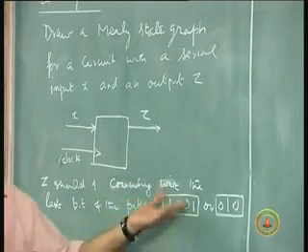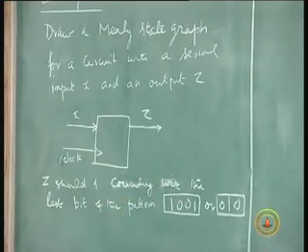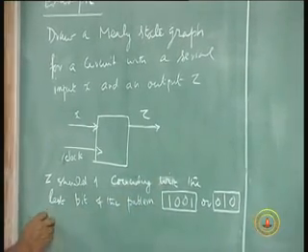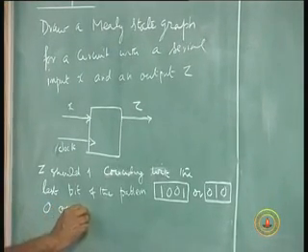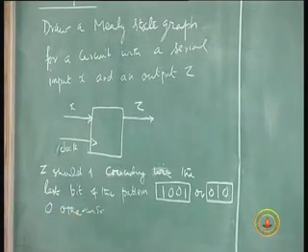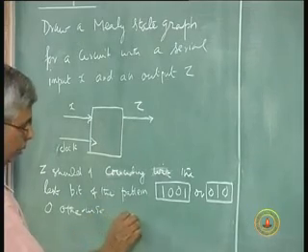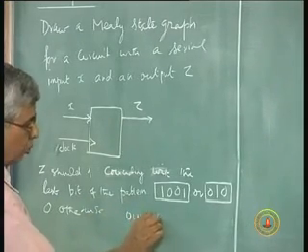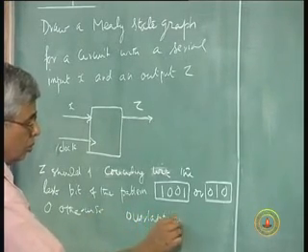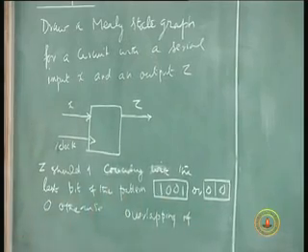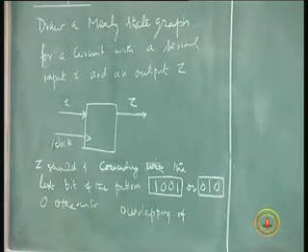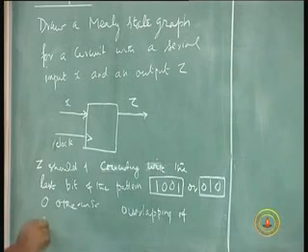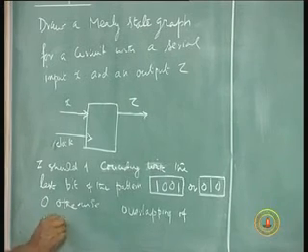The rest of the time the output is 0. So we will also assume overlapping is allowed. Overlapping of the two patterns, or the same pattern repeated, also has to be considered as completion of the pattern.